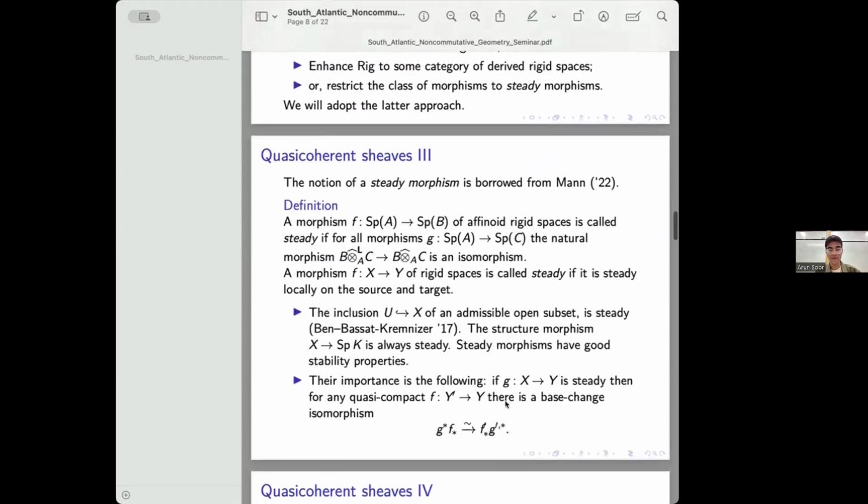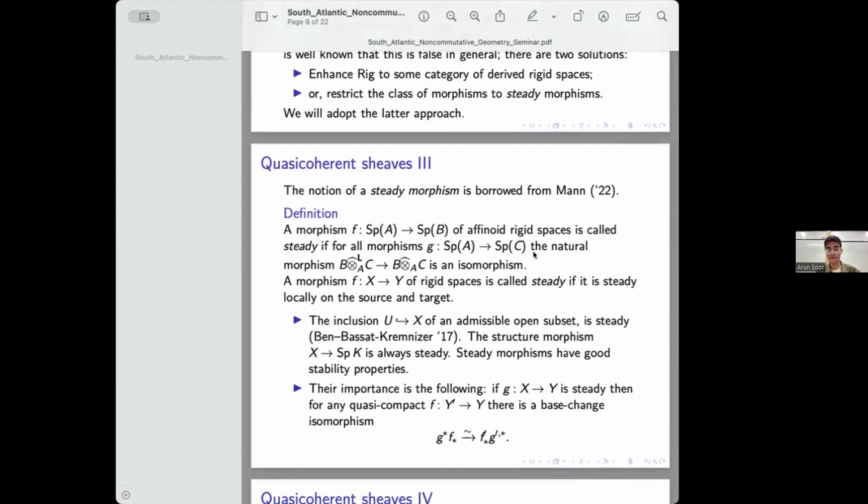Let me explain what a steady morphism is. This is a notion that was borrowed from Lucas Mann. A morphism of affinoid rigid spaces is called steady if for all... I've got these the wrong way around. This should say F from SpB to SpA, and this should say G from SpC to SpA.